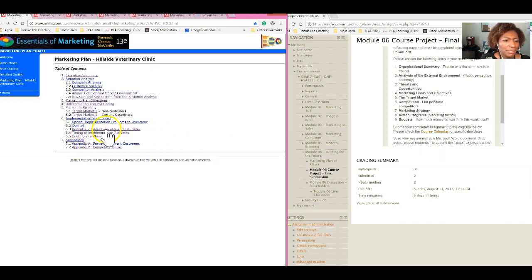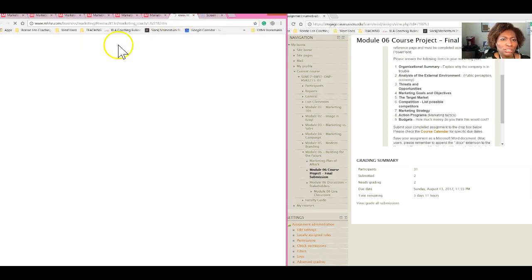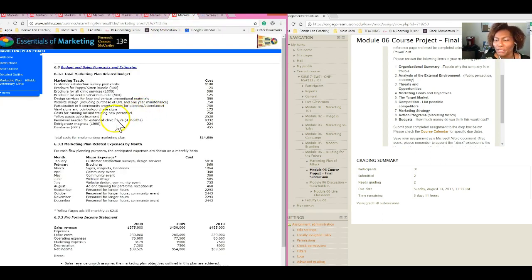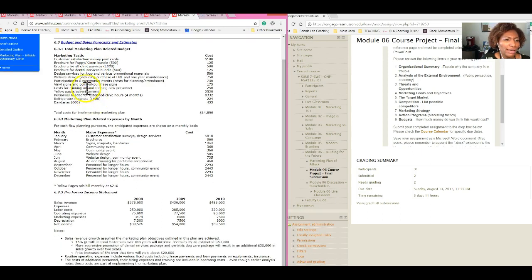Finally, there is a budget, which again is a make-believe budget. So just pretend that you are the marketing person, and so you need to look at how much the various marketing tactics are going to cost you. And they have a good plan here that lists, for example, brochures, website design, and signs, and they put a cost of how much that may cost them.